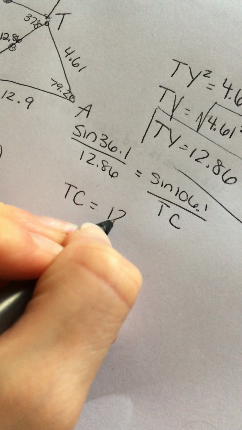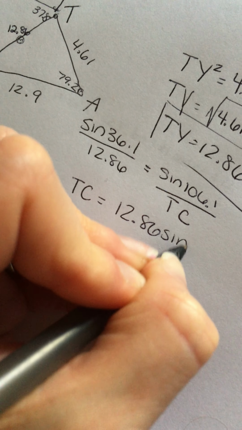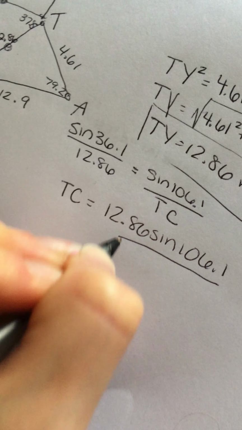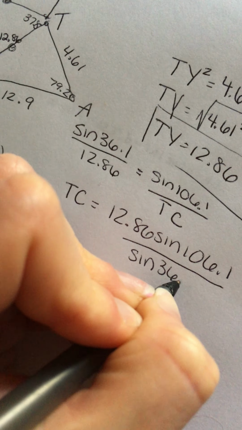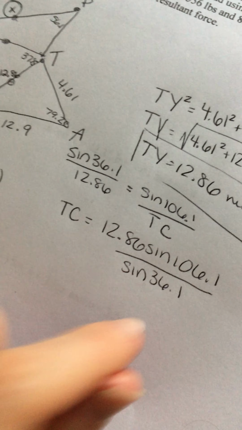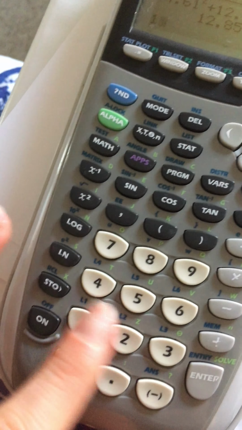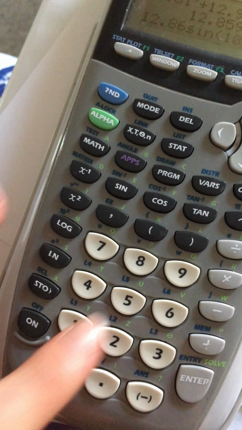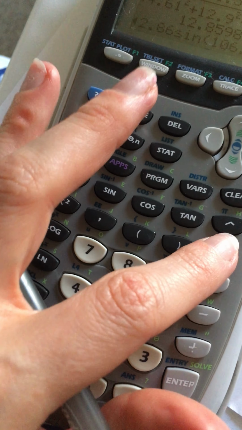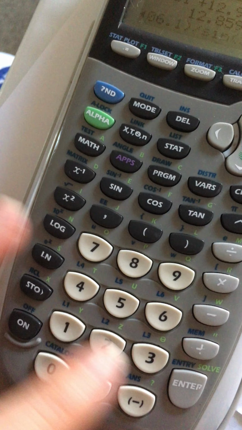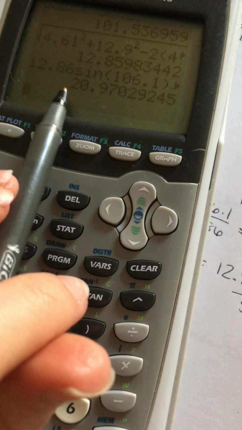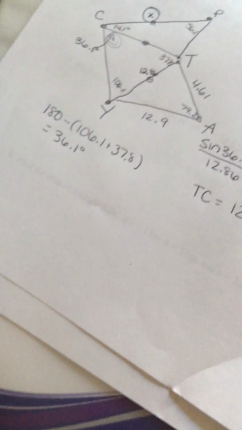TC is equal to 12.86 sine of 106.1 over the sine of 36.1. That's what we're plugging into our calculator: 12.86 sine of 106.1 divided by the sine of 36.1. So we get 20.97 for TC.